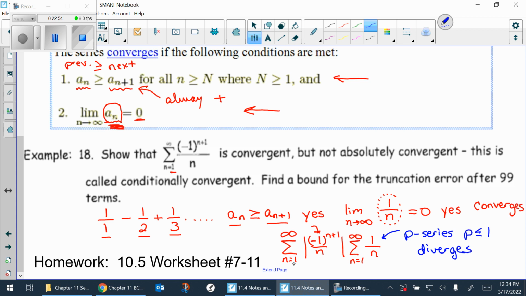So if I take the absolute value, I get a series which diverges. So by alternating series test, this series right here converges. But I'd have to say that it converges conditionally.